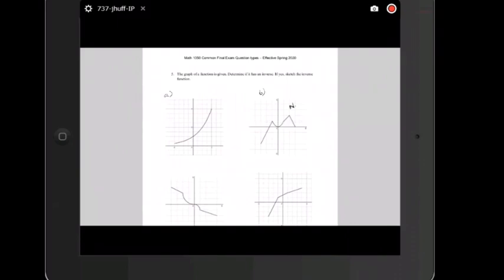So we're not going to find the inverse of that one because it would not be a function. The rest of them are all 1 to 1. Part C here passes the horizontal line test, so it's 1 to 1. Part D as well.